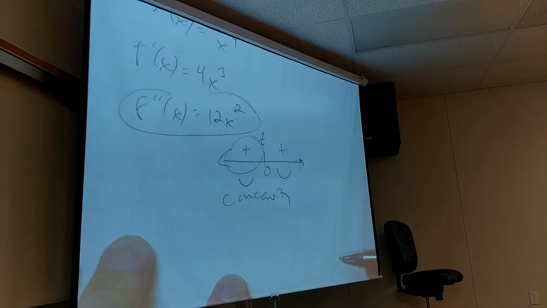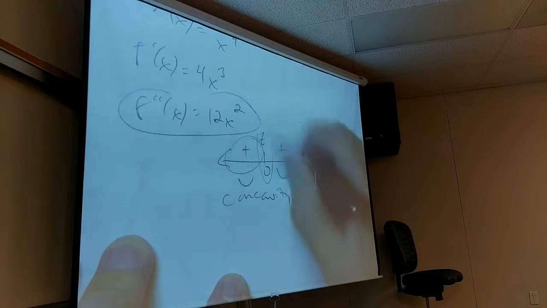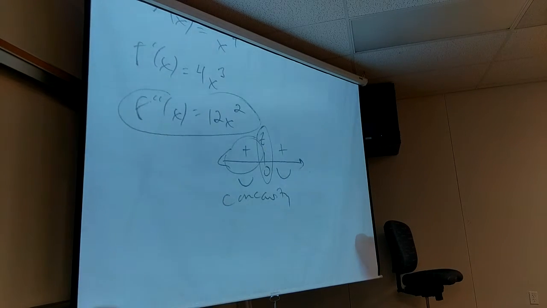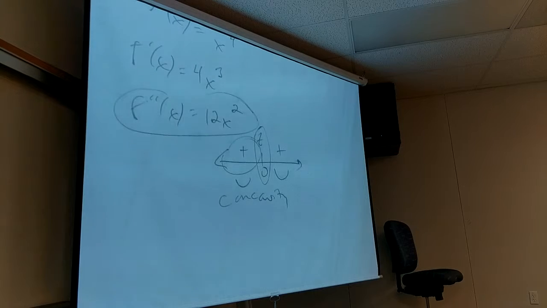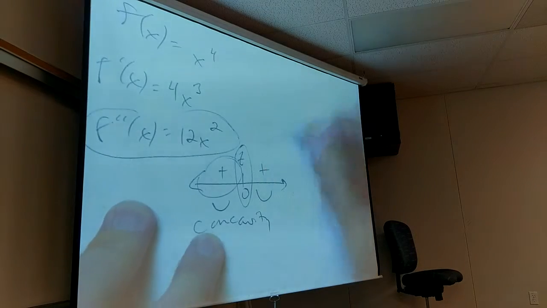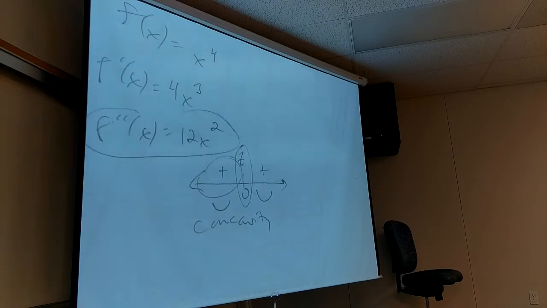But right here, the concavity is 0, which is kind of a measure of how flat it is. So x to the 4th gets pretty flat at 0, not extremely flat, but a lot flatter than x squared does.